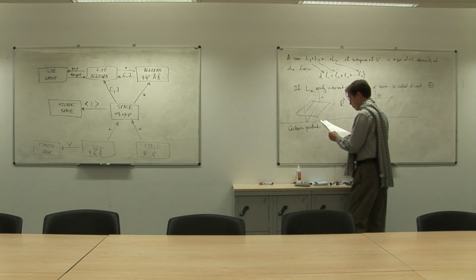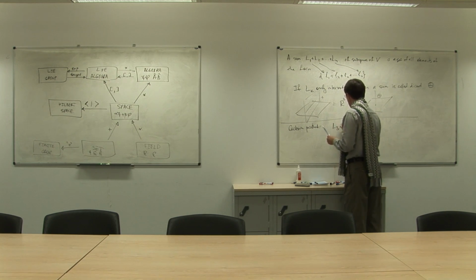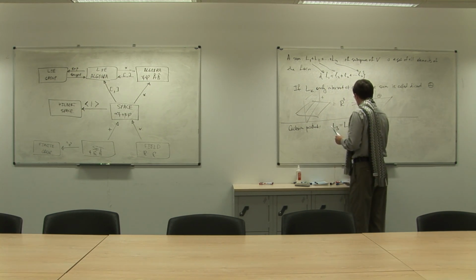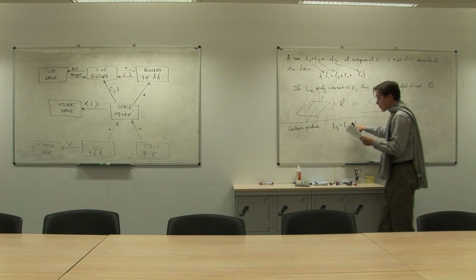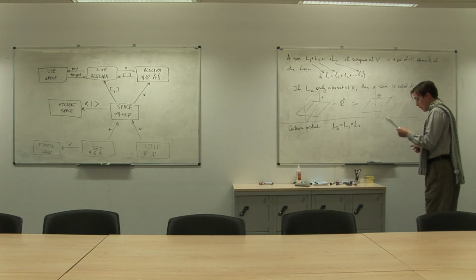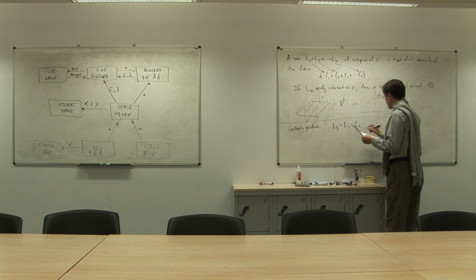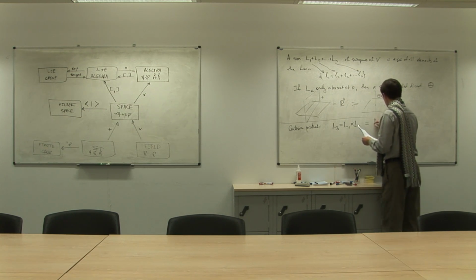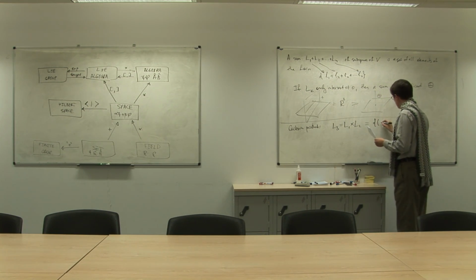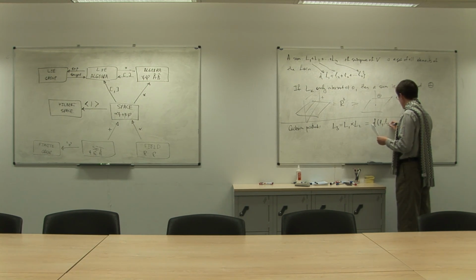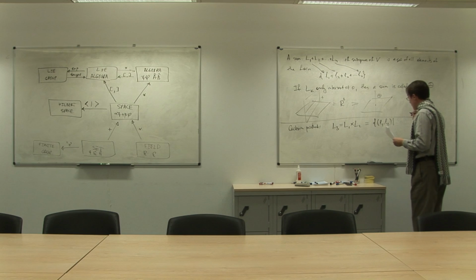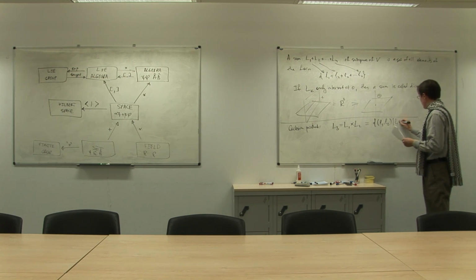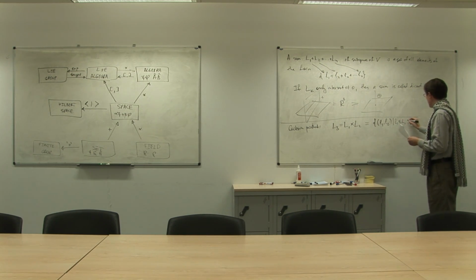So if we take, let's say, L3 equals L1 cross L2, just the cross without the circles, it is a set of pairs of elements l1, l2, such that l1 lives in L1 and l2 lives in L2.